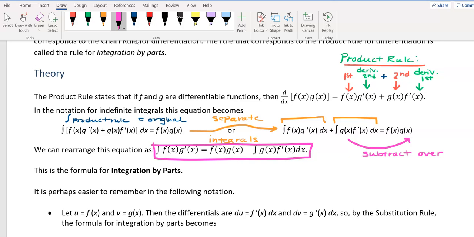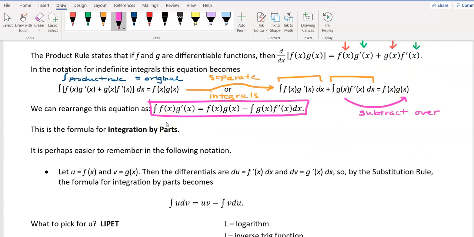Now, when you look at it this way with the f and the g prime and all that, it can get a little confusing because you're not really sure which piece we're talking about. So they like to rewrite it using u's and v's. So let's do that. f can be u, so the integral of u, and then g can be v, and because we're talking about a derivative, it's going to be dv.